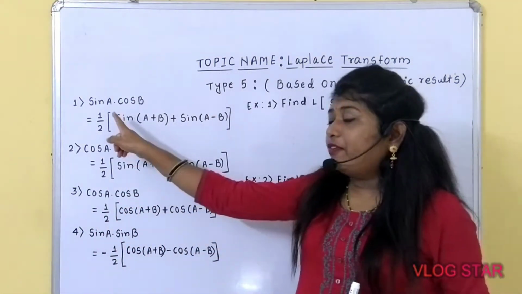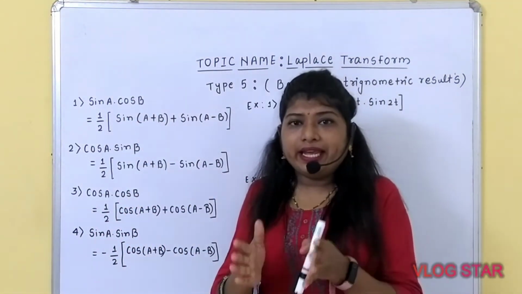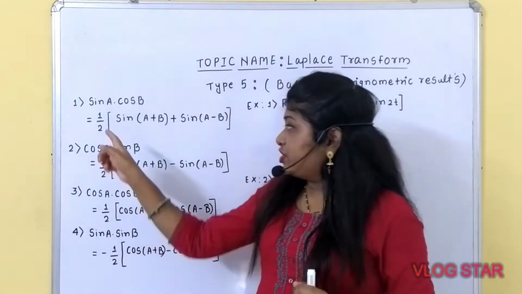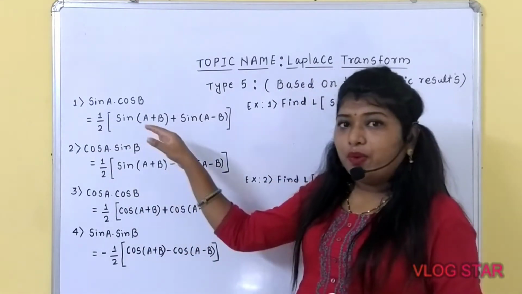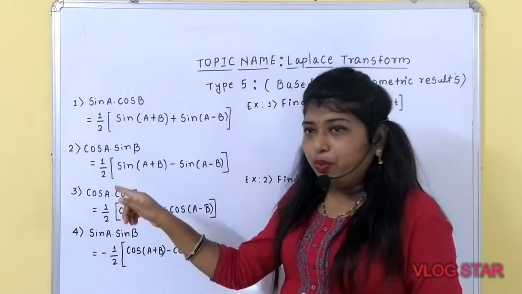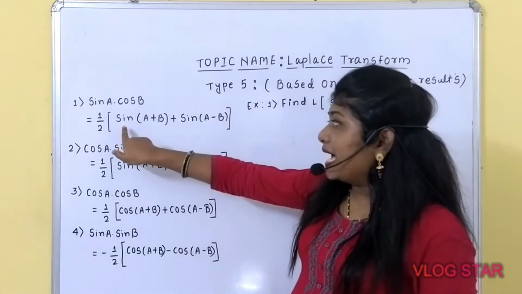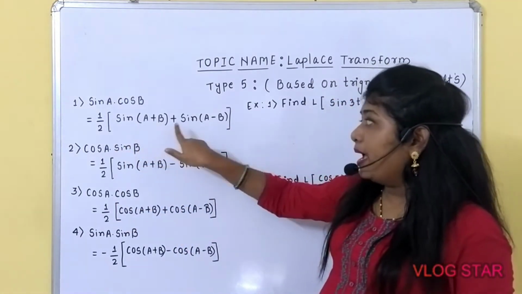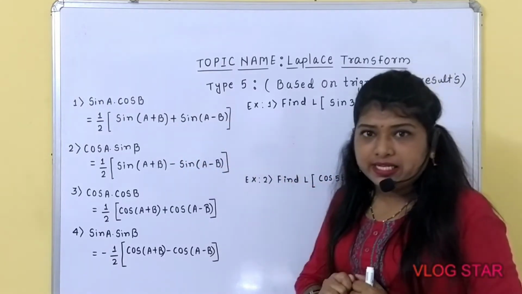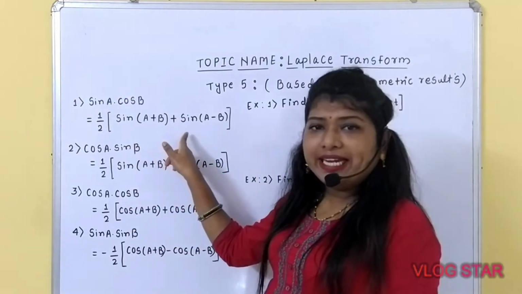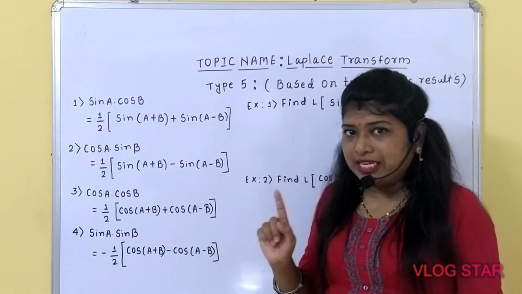Which are they? The first one is sin A into cos B, which is equal to 1 upon 2 inside the bracket sin of A plus B plus sin of A minus B. Already we had discussed this formula in the first lecture.